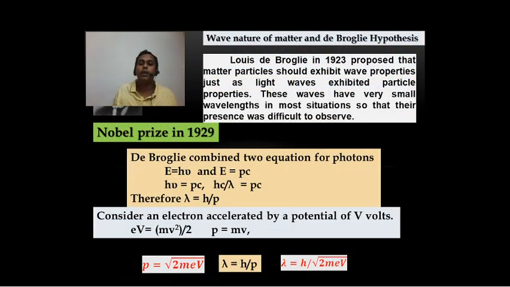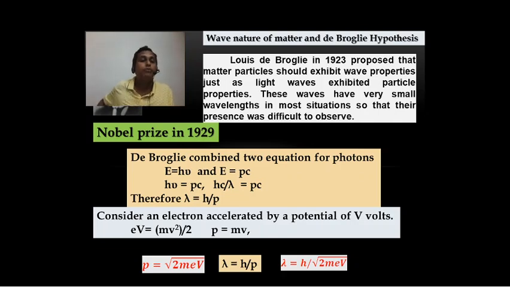And Louis de Broglie in 1923 proposed that matter particles should exhibit wave properties, just as light waves exhibit particle properties.